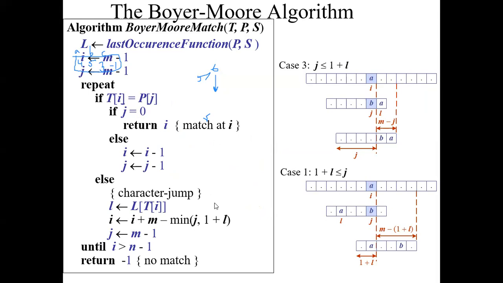Min of 4 and 5 is 4. 6 minus 4 is 2. 4 plus 2 is 6.